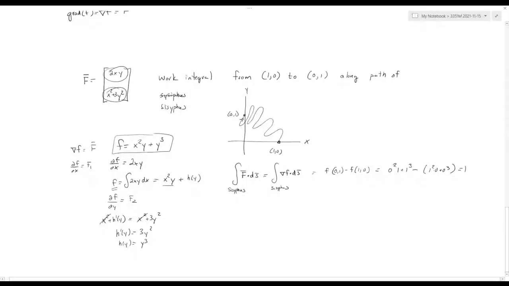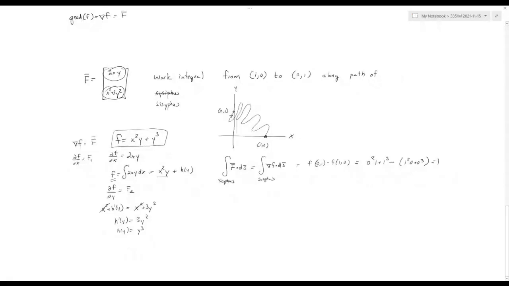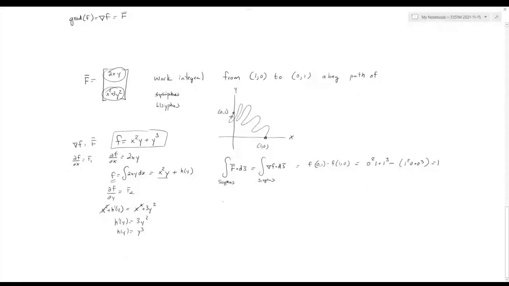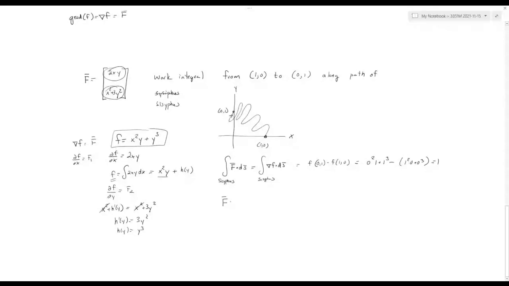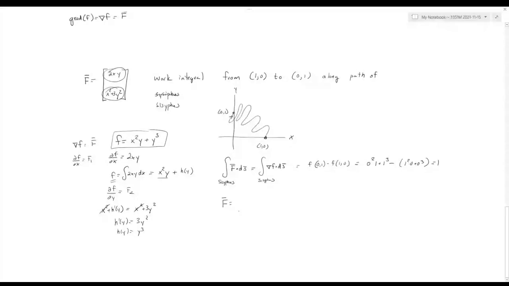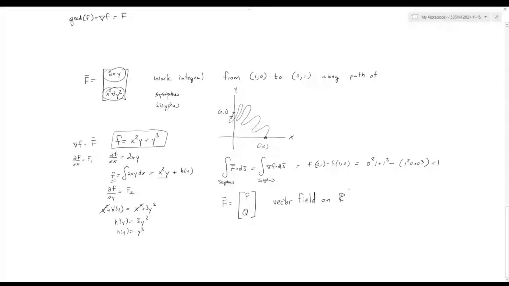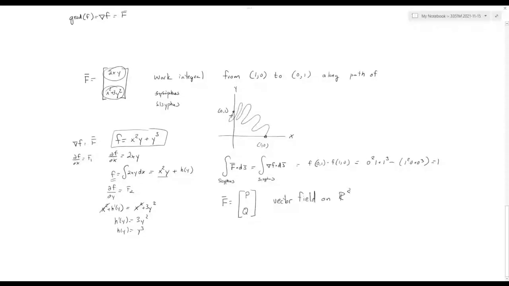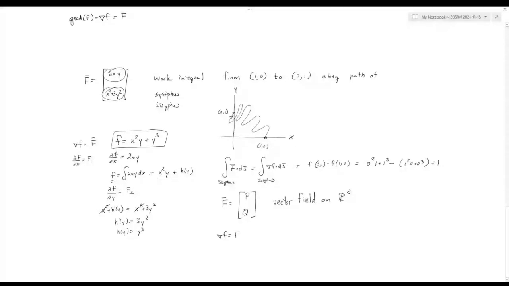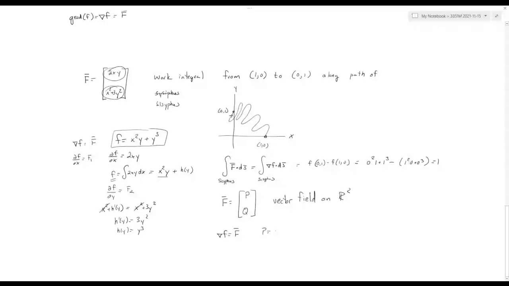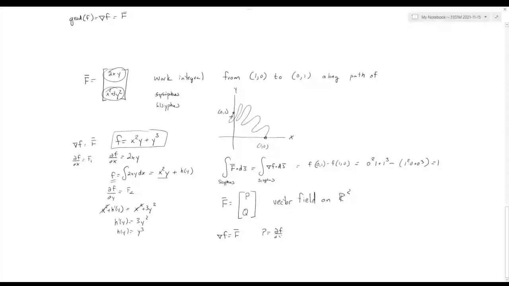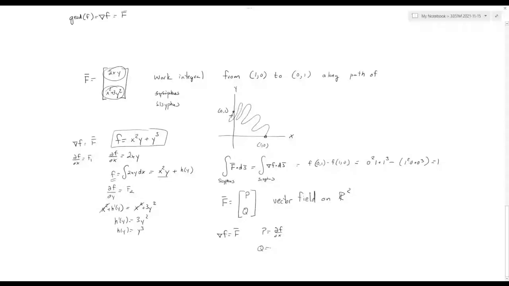Right. Now, one way to test, at least for a vector field on R2, if we conventionally think of the coordinate components of the vector field as P and Q: if our vector field is conservative, then we know that P is the derivative of some function with respect to x, and Q is the derivative of some function with respect to y.